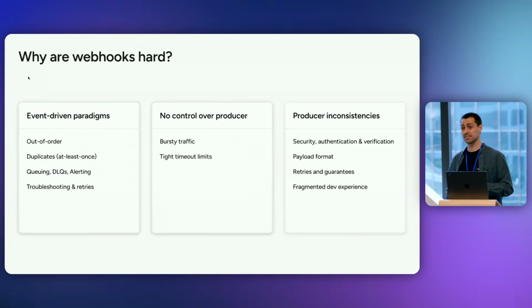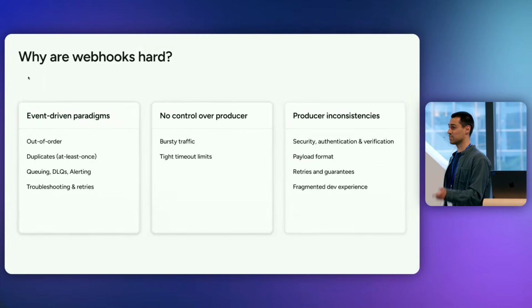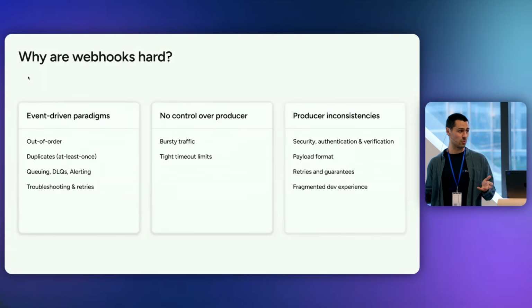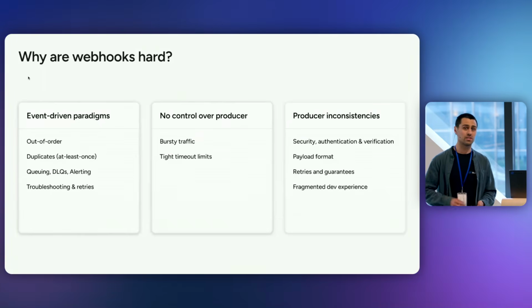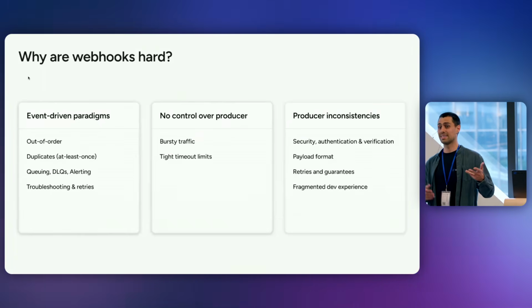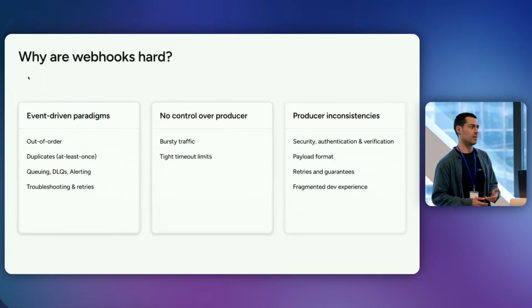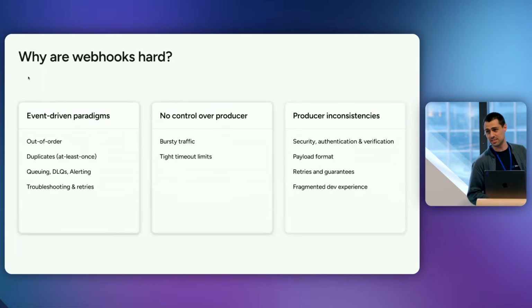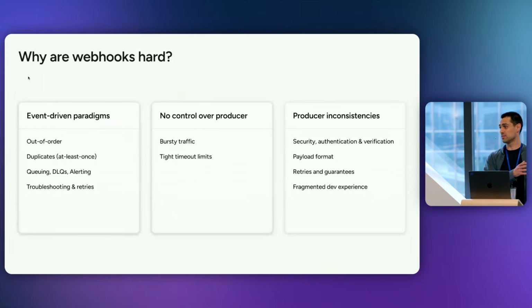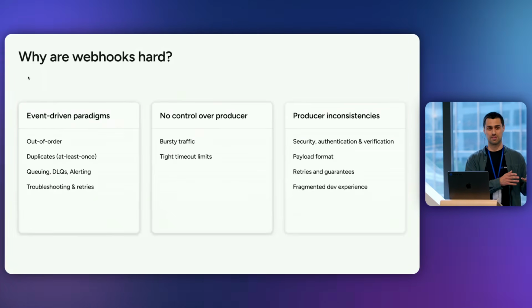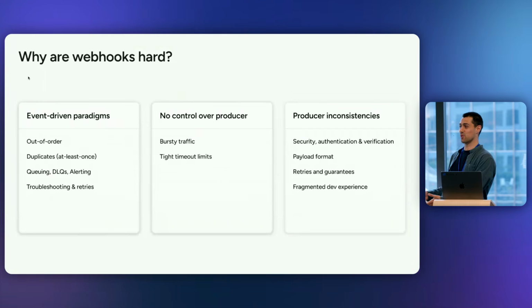And then the last part is that you're not just integrating with Stripe. You're integrating with Twilio and all the other ones that I named, and they're going to have different timeouts, different retry logic, different signatures, different guarantees around ordering or around guaranteed delivery and so on. So when you're building, you're not building for the best one. You're not building for Stripe webhooks, you're building for the worst one, right?